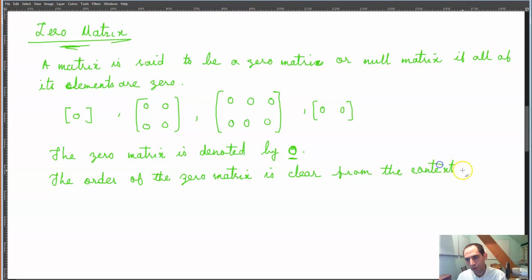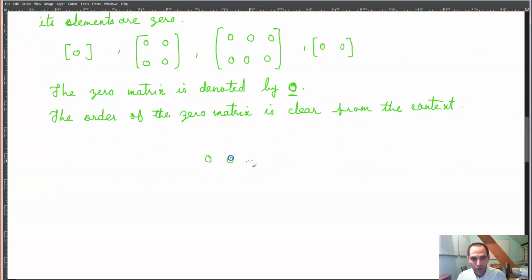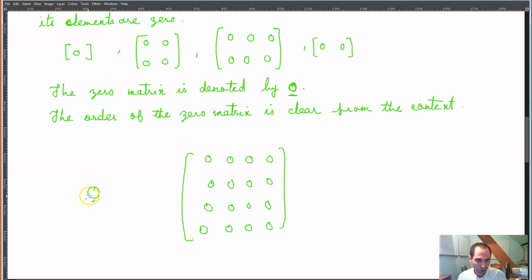You will know what is meant by this statement, because in operations that you do on matrices, sometimes instead of actually writing the matrix out, for example writing out all those zeros, you just simply write O. But you don't specify whether O is a 4x4 matrix or a 3x4 matrix or a 4x3 matrix, and so on.